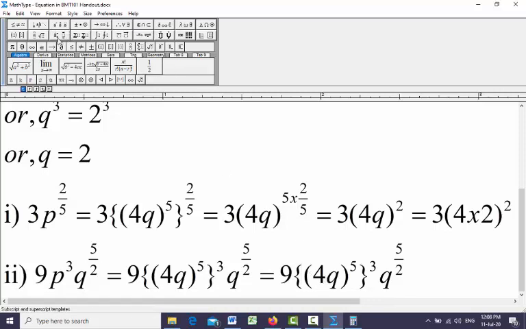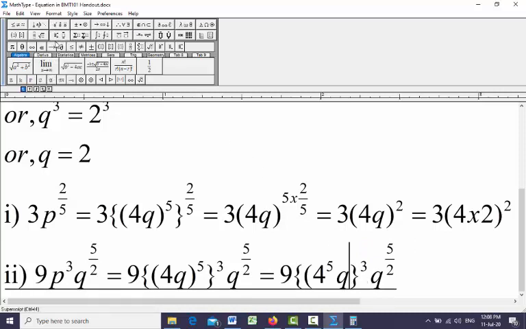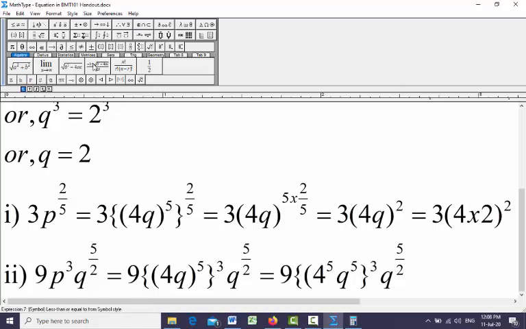So we will have 4 to the power 5 and q to the power 5. That means we had 4q bracket power 5, and we have distributed this power 5 to 4 and to q also. So 4 to the power 5 multiplied by q to the power 5, right?